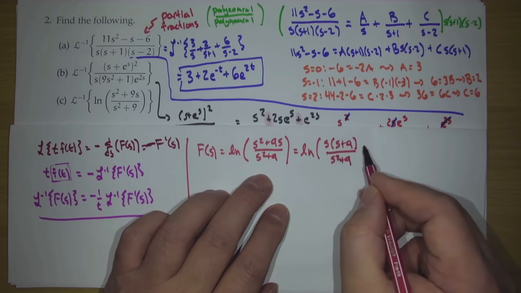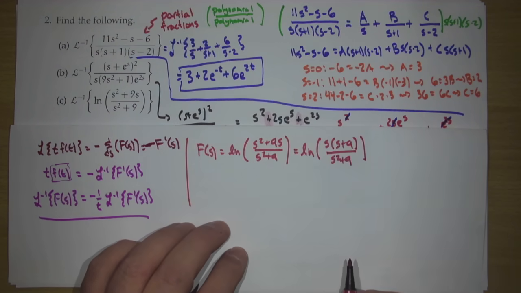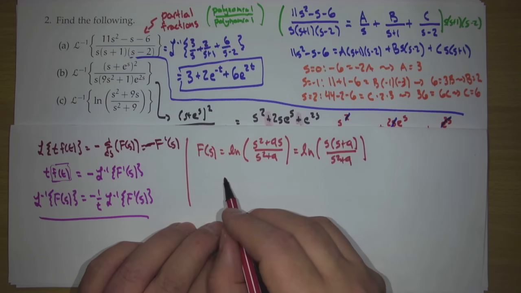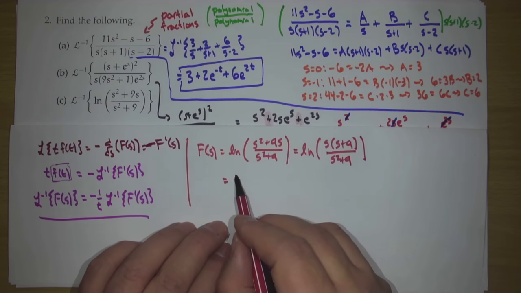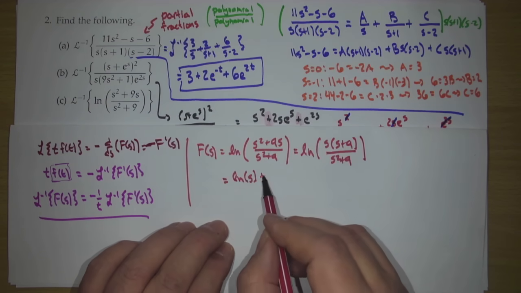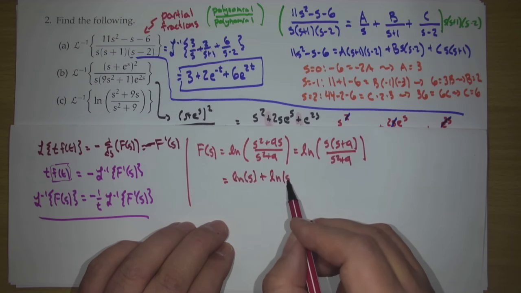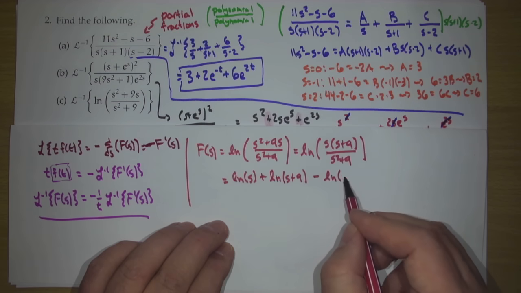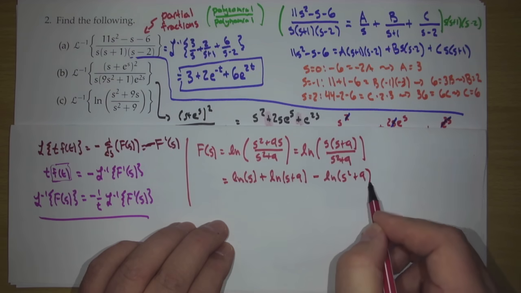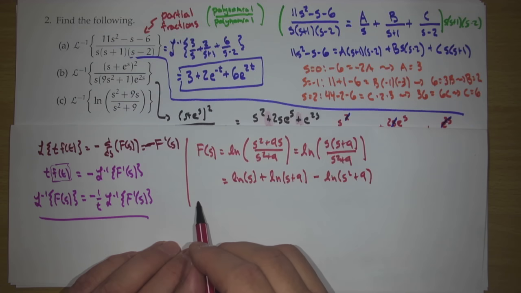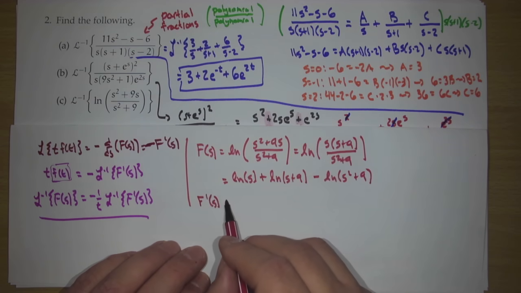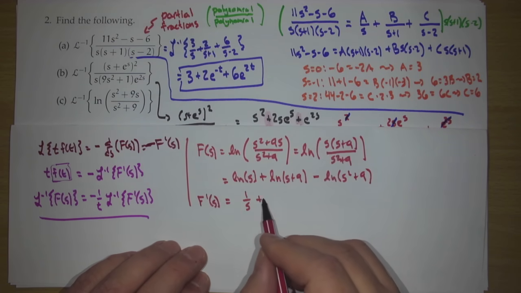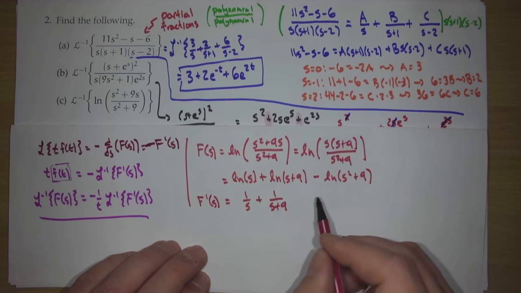That's what I mean by it'll factor nicely. What can you do with logs? Well, multiplication upstairs becomes addition: log s plus log of (s plus 9). And then division becomes subtraction: minus log of (s squared plus 9). So what is F prime of s? 1 over s, plus 1 over (s plus 9). And this one's a little bit funner. S squared plus 9 downstairs. What goes upstairs?